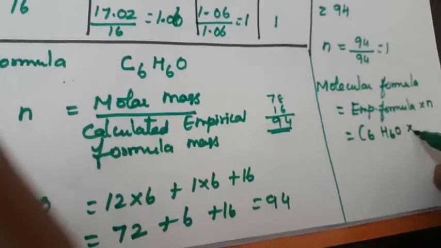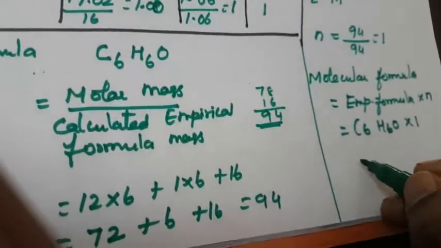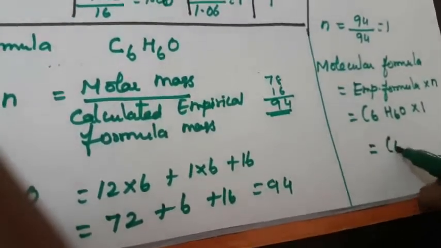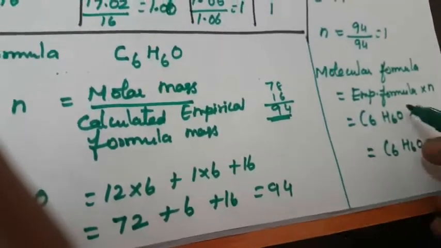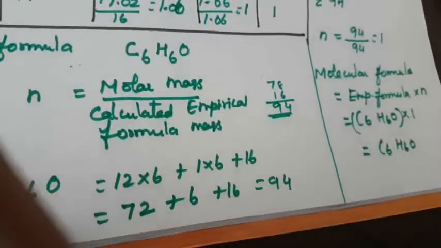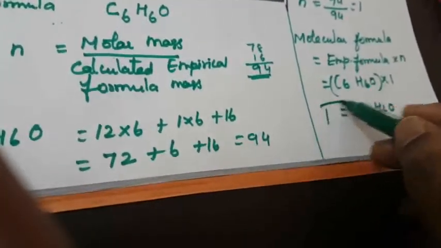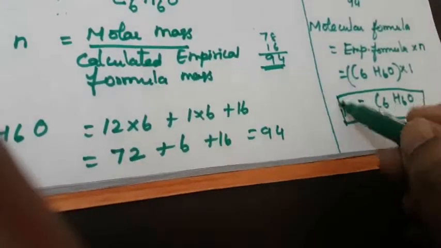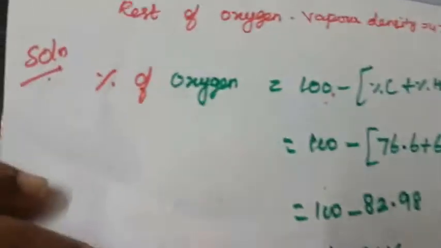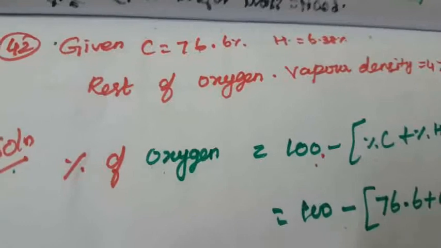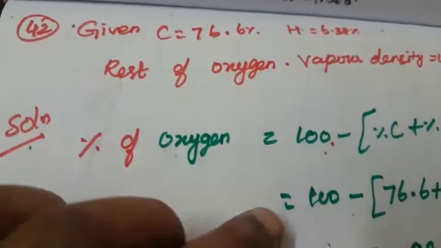C6H6O multiplied by 1. So what is that answer? C6H6O. Okay, so this is the molecular formula of this given compound. This is also a repeatedly asked question. So once again, first you have to take carbon, hydrogen.